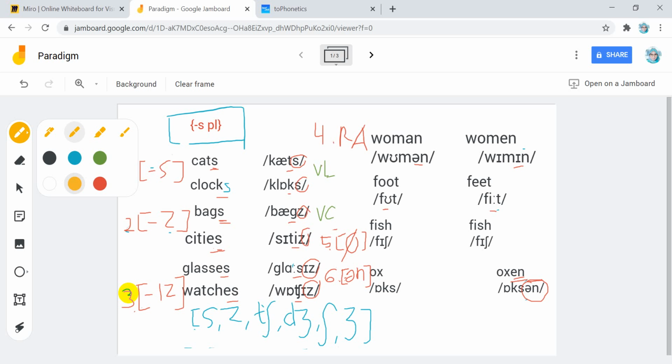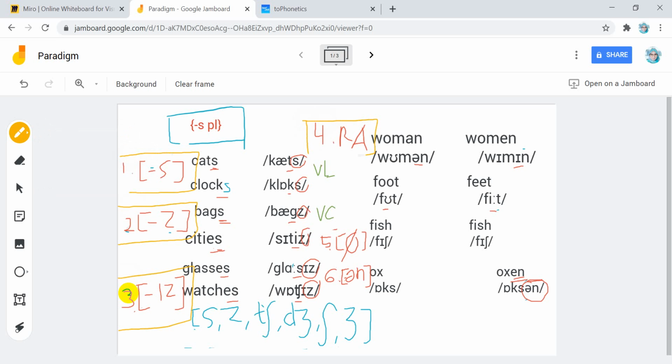We have S, and then we have Z, we have is, number 4 is replacive allomorph, number 5 is zero morpheme, and number 6 is n. Okay? So those are the paradigms for S plural.